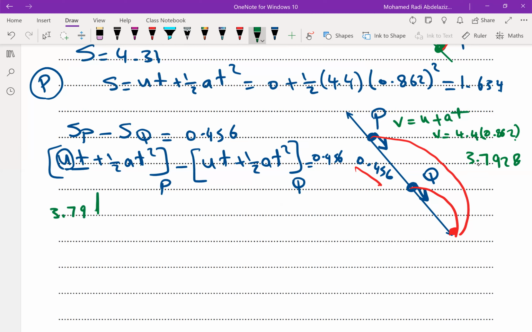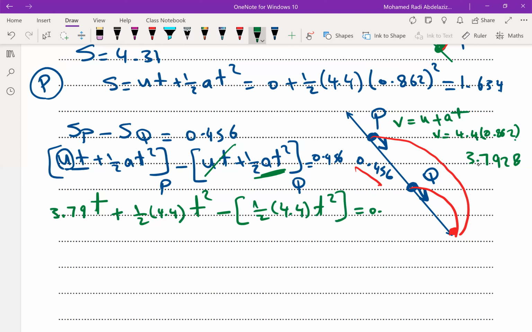t plus half of a, which is 4.4, and t squared, minus ut, is now 0. We'll get the acceleration of the particle Q will be the same 4.4. You can calculate it again if the particle moves down. So mg sine theta minus friction force is equal to ma. You will get it the same. Half 4.4 times t squared is equal to 0.456.